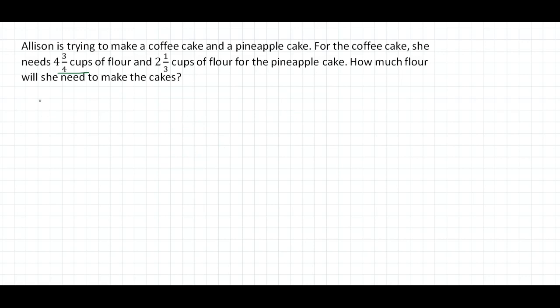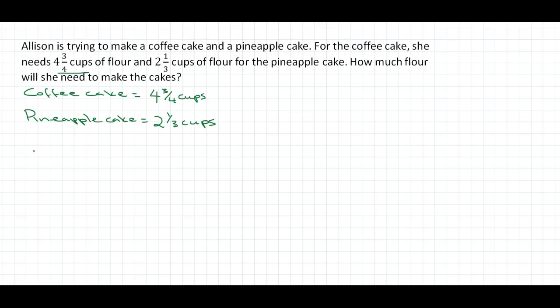We know that a coffee cake requires 4 3/4 cups of flour. We also know that pineapple cake will require 2 1/3 cups of flour. So we want to find out how much flour she needs to make both cakes.